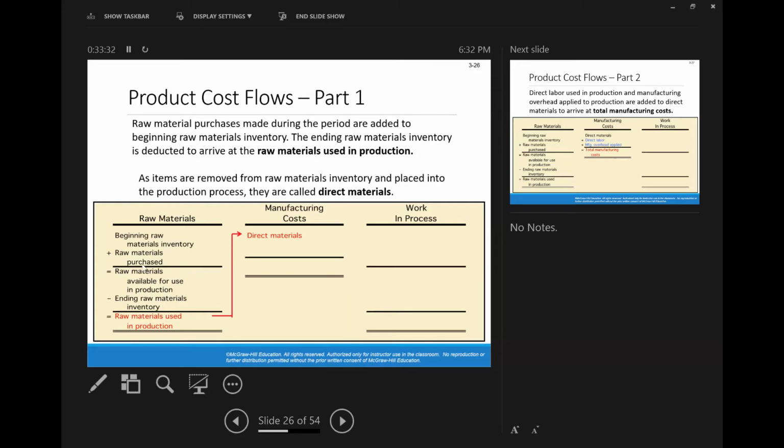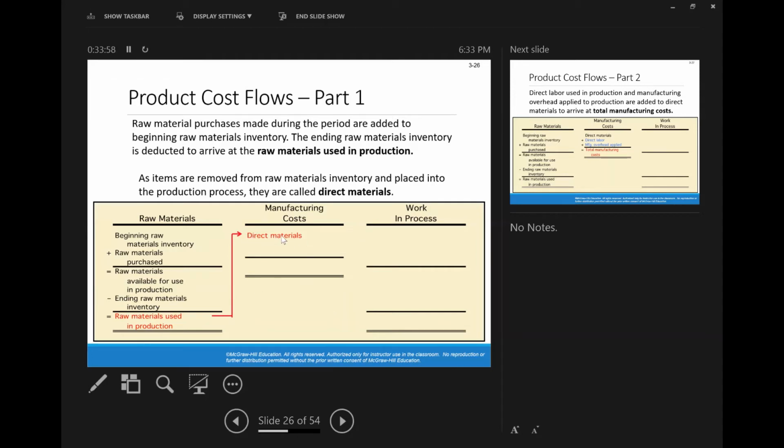So beginning plus purchases gives you what's available. Then you take out the ending inventory, or you take out the materials used in production and get the ending, or you take out the ending and get the production. Got it? Whatever was used in production, that's what we're pulling over to manufacturing costs.